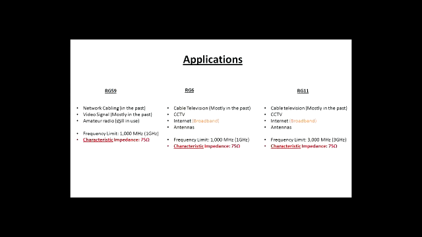Now, video signal was mostly carried in the past, but you're still going to see some cameras or closed circuit television systems that still utilize the coaxial cable for the video signal.